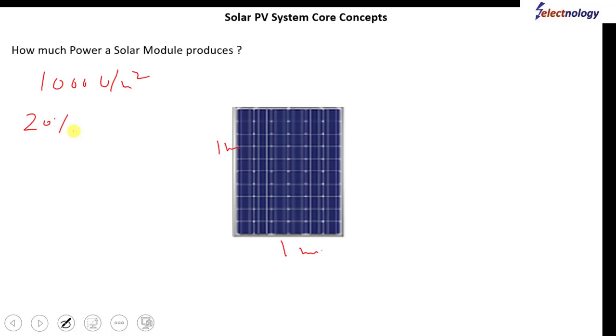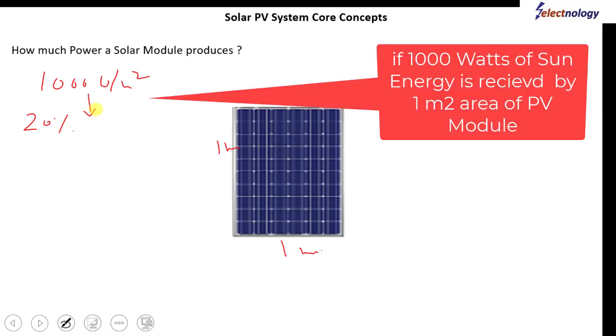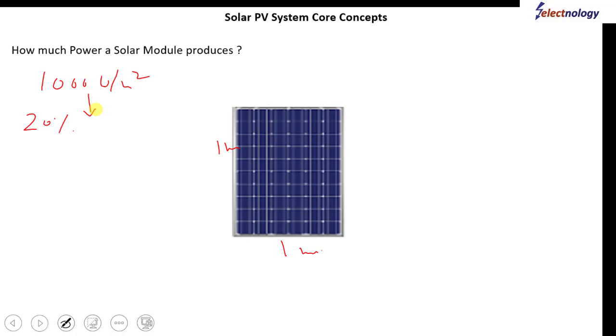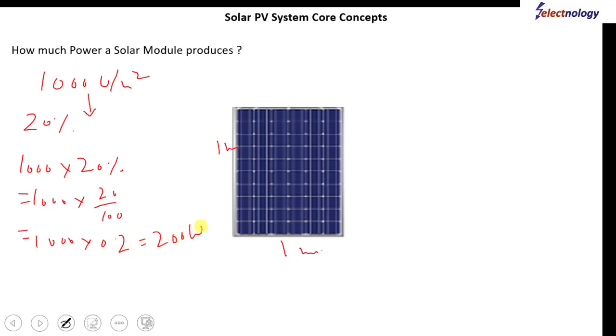This means that the 1000 watt per meter square of sun energy being received, multiplied with 20% of the module efficiency, will give the rating of the PV module. So 1000 multiplied by 20%, or 1000 into 20 by 100, this is 1000 into 0.2, and that shall be 200. So this is another way to find out the rating of the PV module.